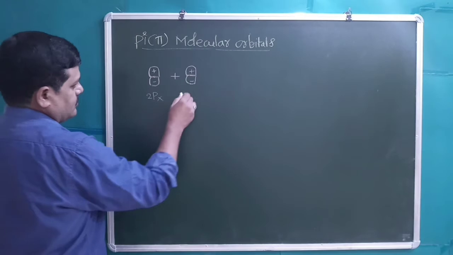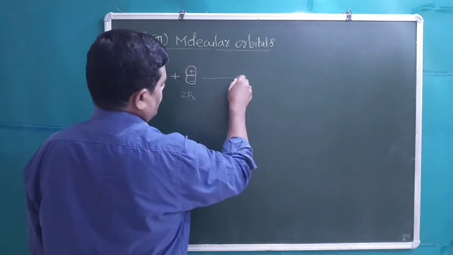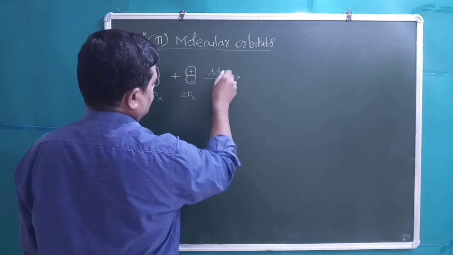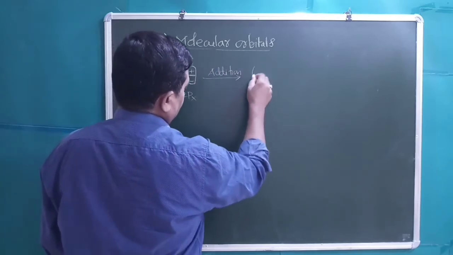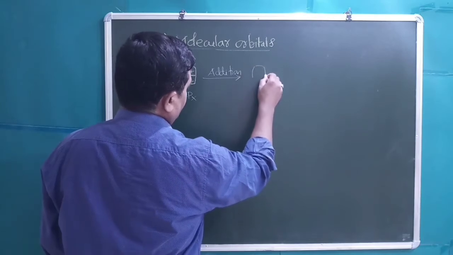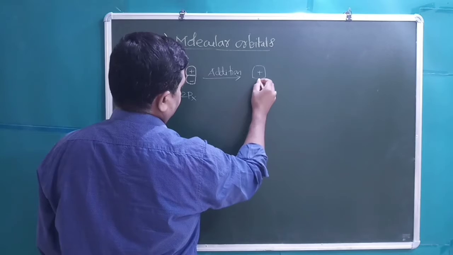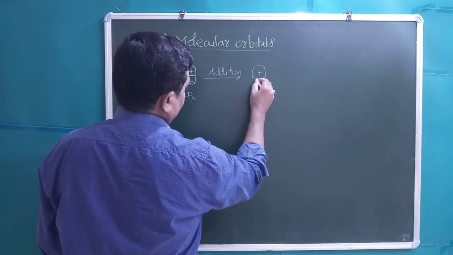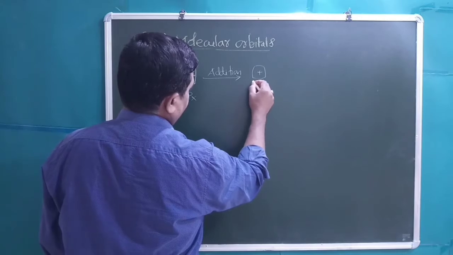2px addition overlapping will give pi bonding molecular orbitals. These are the nuclei.